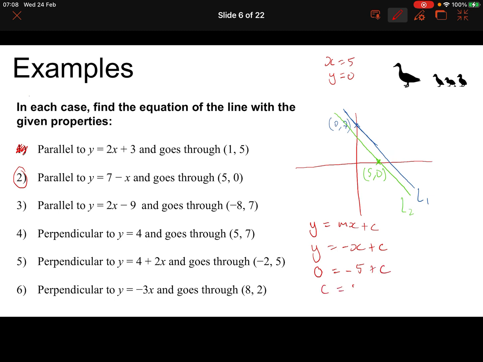So c must be equal to 5. Now we can substitute c back into the equation. The green line has equation y equals -x plus 5, or y equals 5 minus x. It doesn't really matter how you write it. I hope that makes sense.